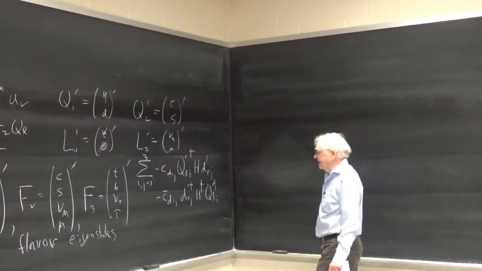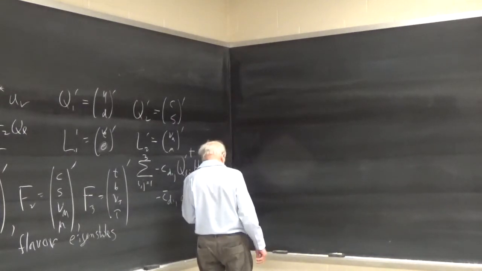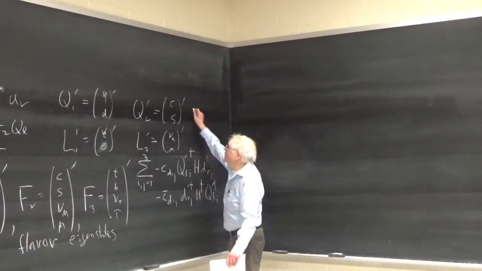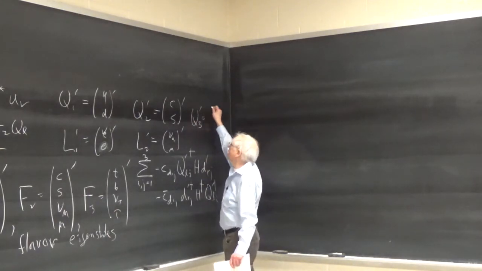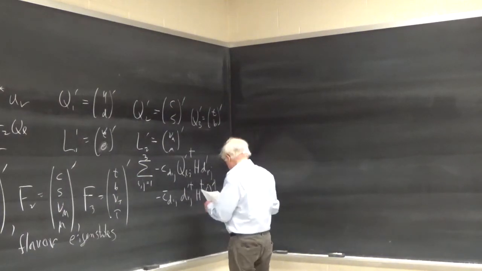Okay, so this gives mass terms to the down quarks, the strange quarks, and the bottom quarks. So I maybe should put in this last one.